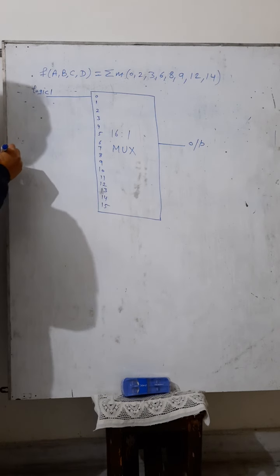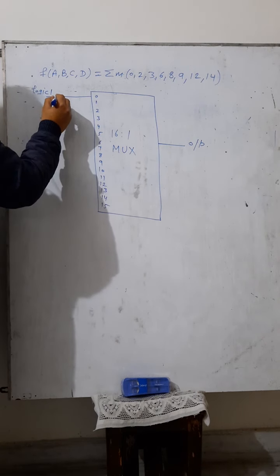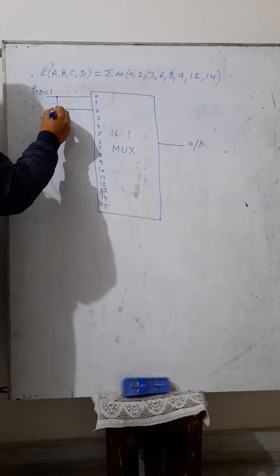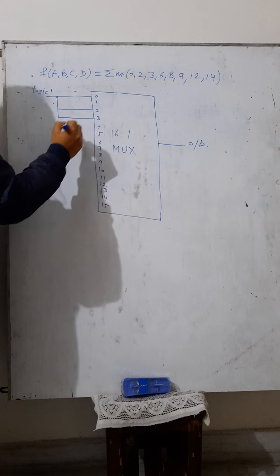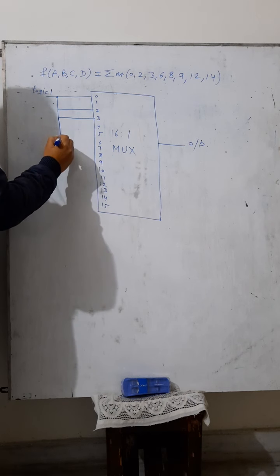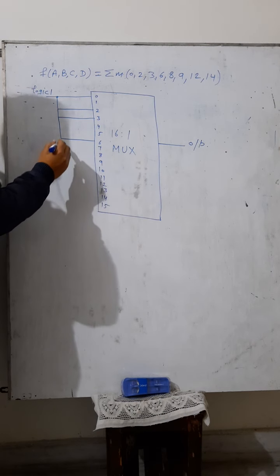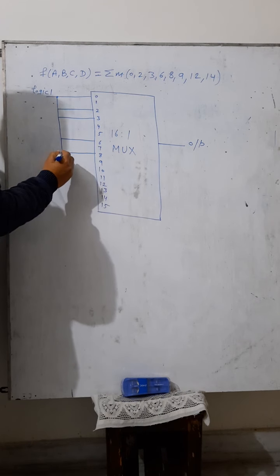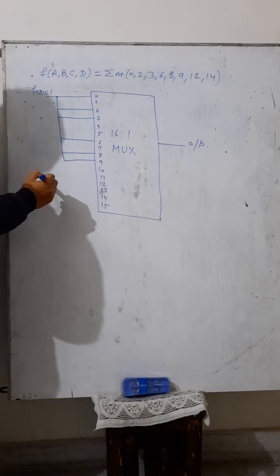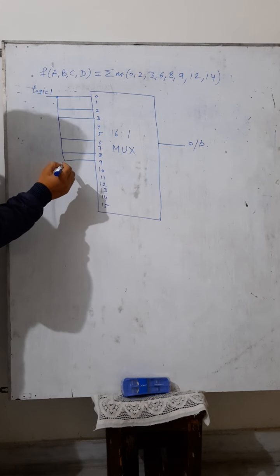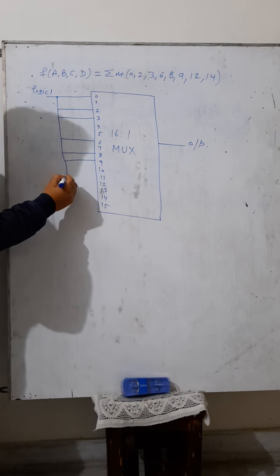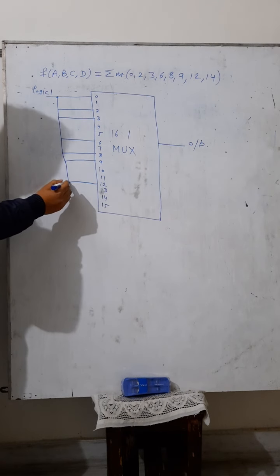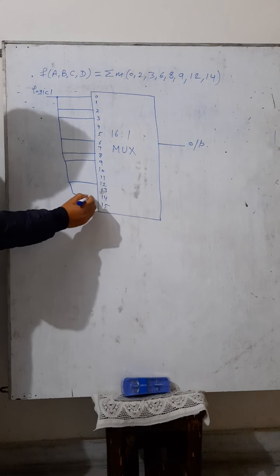Straight to 0, then 2, then 3, then 6, then connect 8, then 9, then 12, and then 14.